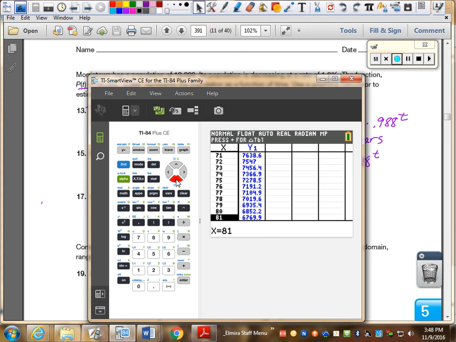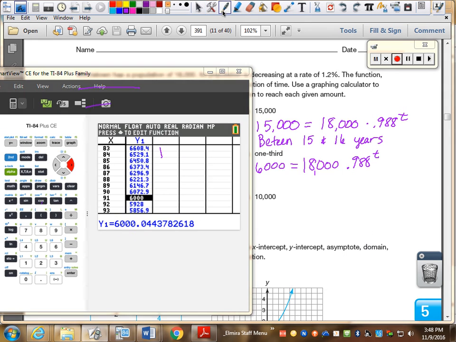Now I'm going to scroll because it's going to be soon. Oh, there it is. And it looks like it hits 6,000 on the dot, but it doesn't. It just rounded to 6,000. But to be honest, it's so close you'd round it anyway. So it would take 91 years.